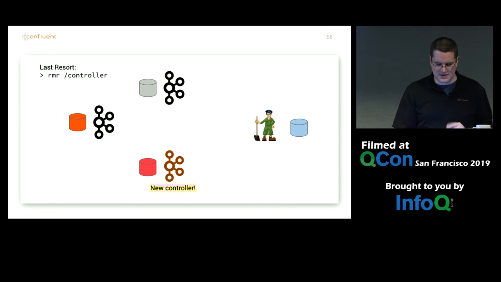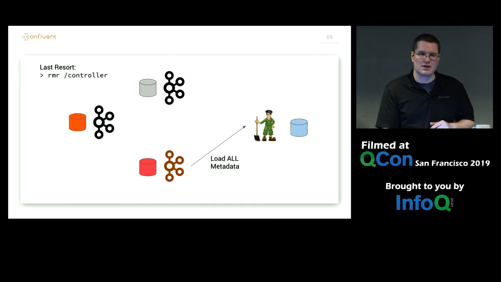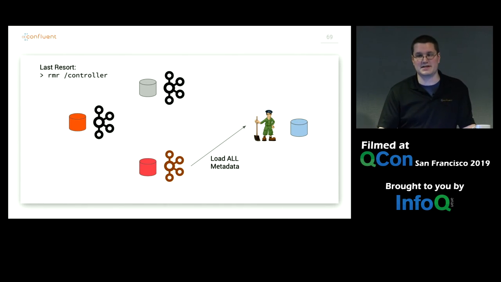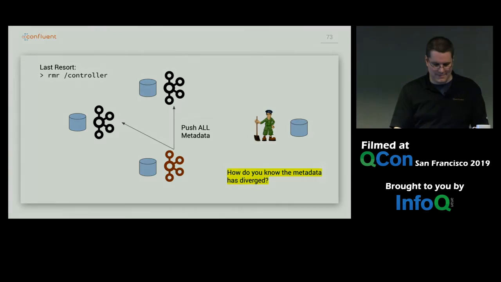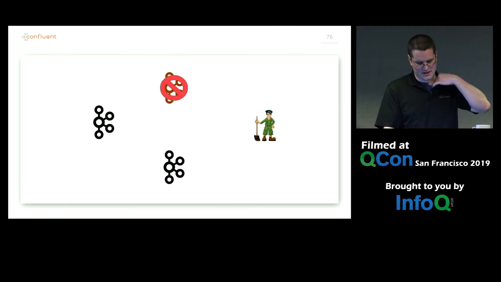There's a second reason why this is annoying, which is that when a new controller comes up, we have to load all of the metadata from Zookeeper. Because remember, the metadata is not stored on the controller. The metadata is stored on Zookeeper. I'll go to the performance issue here.